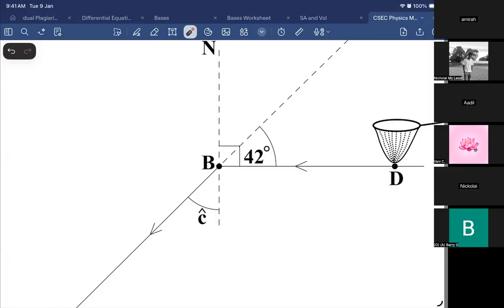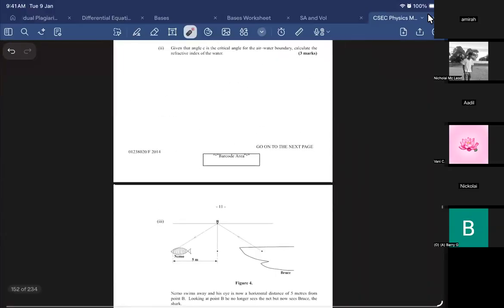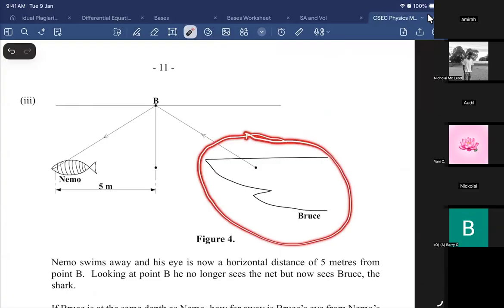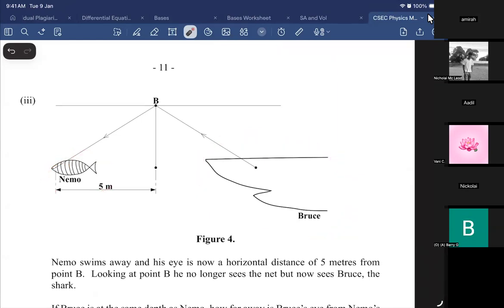Hey, if I die, just know it's Amira's fault. It's Amira's fault. But he's staying quiet. They scared of you too, or what? I just question how she said you never know. So I am the victim. I feel like Bruce. I feel like Nemo right now. Wait, I feel like he's going to bite me.